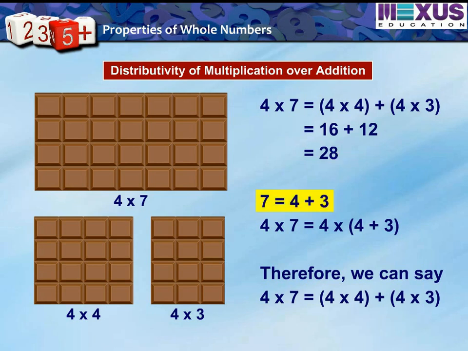Also, since 7 equals 4 plus 3, we have 4 into 7 equals 4 into (4 plus 3). Therefore, we can say 4 into (4 plus 3) equals 4 into 4 plus 4 into 3. This is known as the distributive property of multiplication over addition.